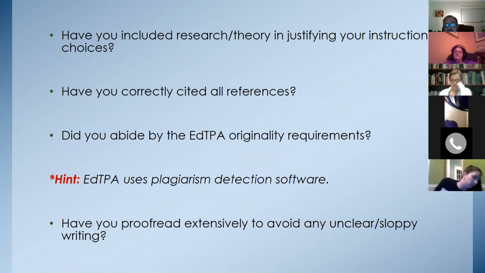Also know that there's software to aid you in doing your citation correctly. Microsoft Word actually does have that. If you look up in the taskbar, you'll see where it says references. It can format citations for you and keep them.